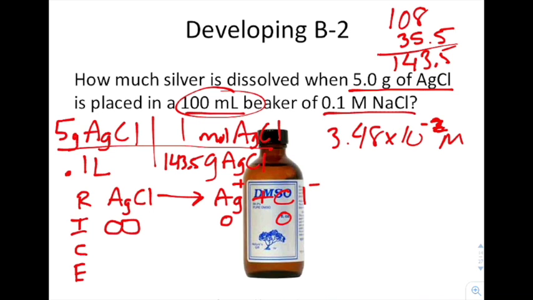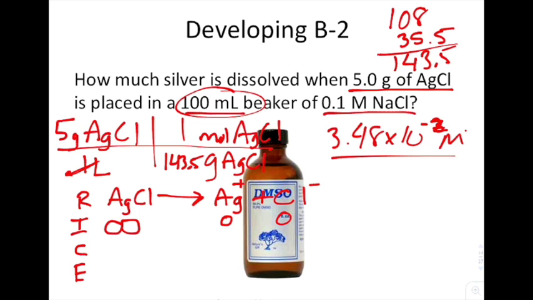Instead, I have a specific amount of silver chloride that I'm trying to dissolve. And actually, we probably should just go in terms of moles to make things a little bit easier. We're going to multiply this by our 0.1 term, and we're just going to say 5 divided by 143.5. Sorry, my calculator. And this is our 3.48 times 10 to the minus second.